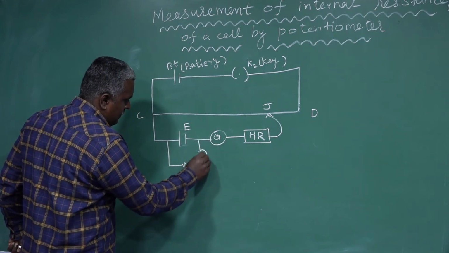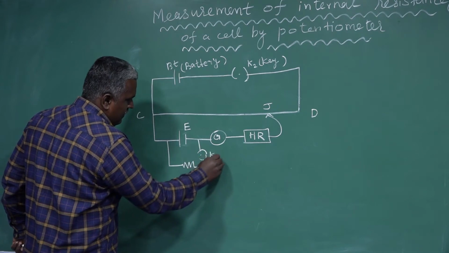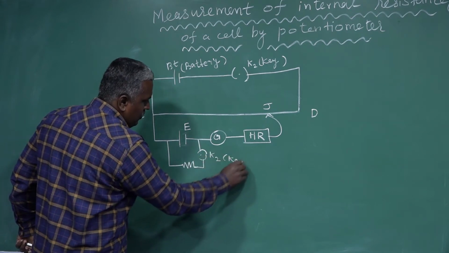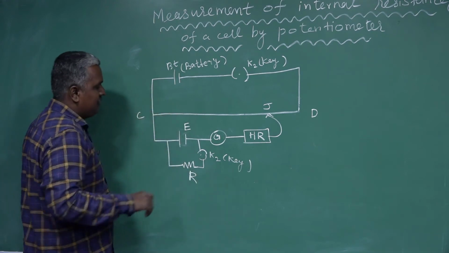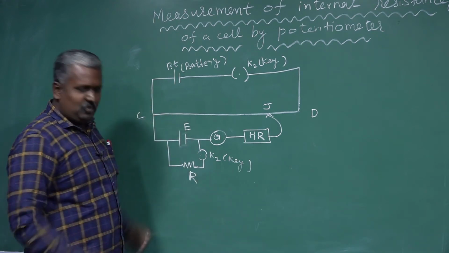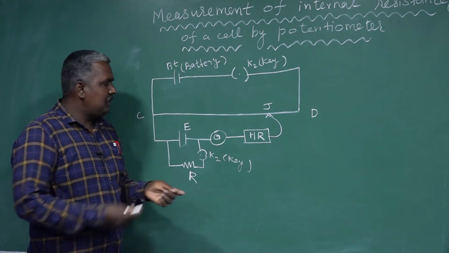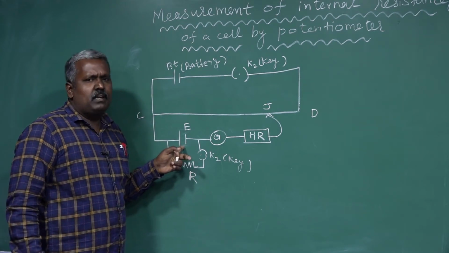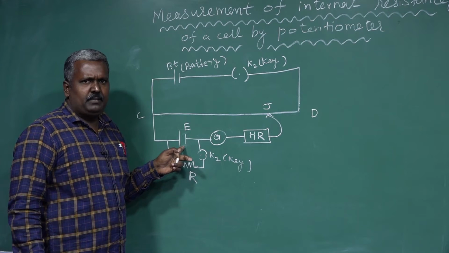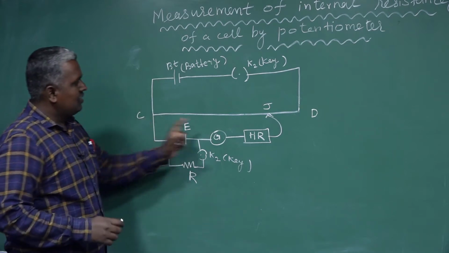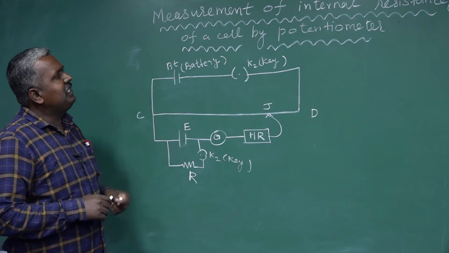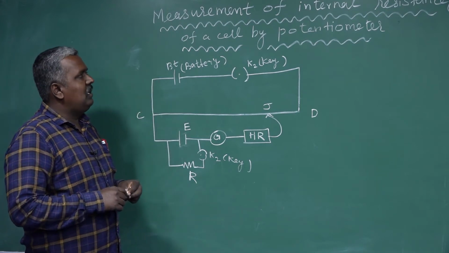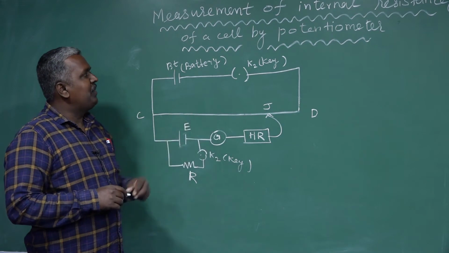This is K2, key. This is a resistance box. This is the cell. So here we want to calculate this internal resistance. Okay, right. So this is the circuit diagram of measurement of internal resistance of a cell by using a potentiometer.